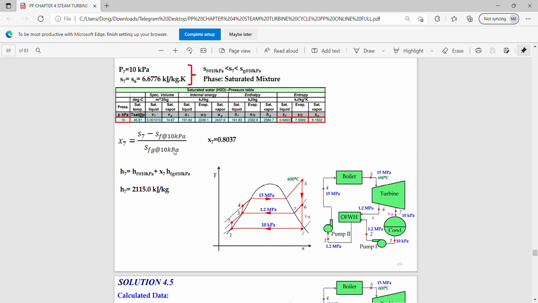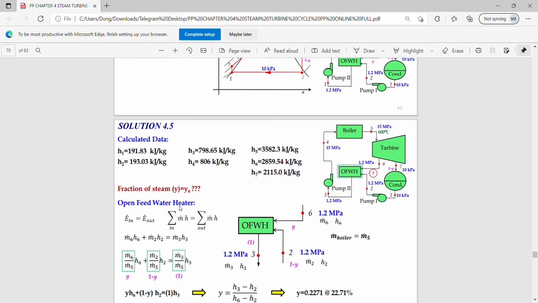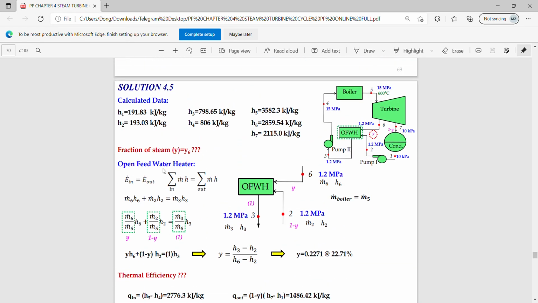After we insert the values and X7, we get the value of H7 as 115.0 kilojoule per kilogram. Next, we move to the calculated data. So we list down all H1 until H7 that we got before this.